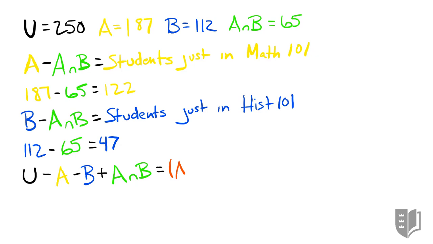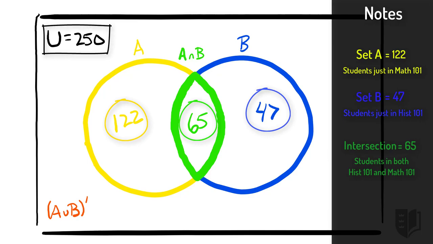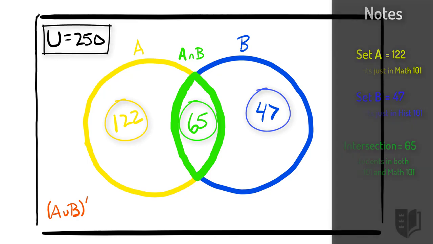And the reason we need to add that intersection back in is because it's accounted for in each of our sets. Another way we could do this is we could take the three numbers we see on our Venn diagram, 122, 65, 47, and add them together, and then subtract that number from 250. But let's do it this way just in case, because this is only using information that we were given at the start.